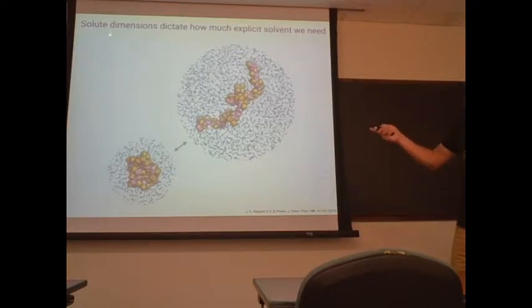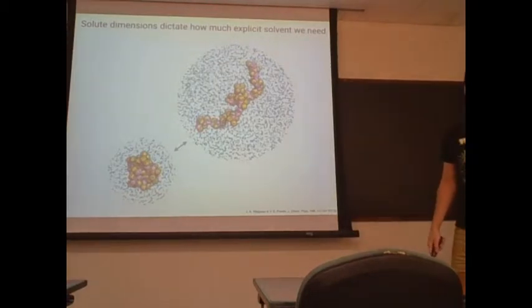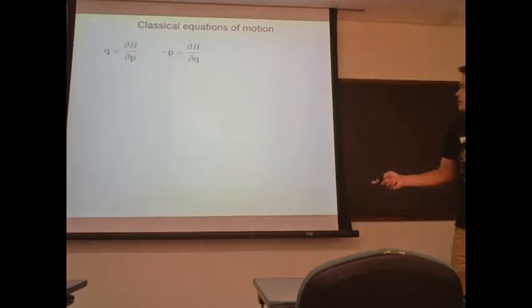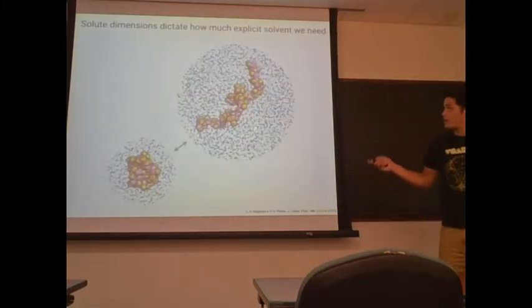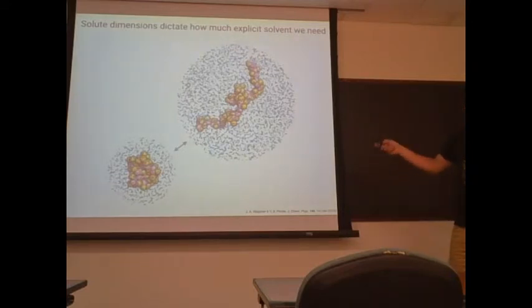So a problem with macromolecular simulation in particular is that the dimensions of the solute pretty much dictates how much water you need around to serve as a buffer, loosely speaking. So in order to simulate the system, you have to simulate, of course, all of the solvent, but then it gets quite expensive.